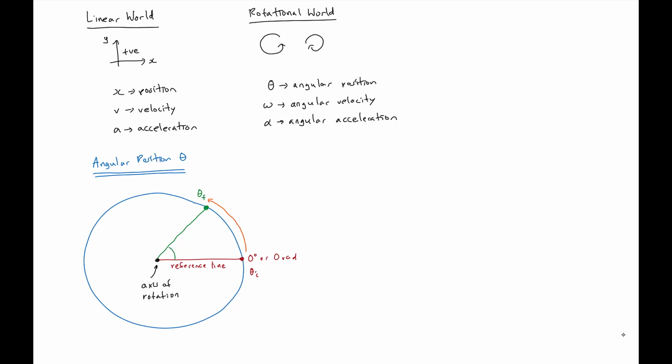We then have a certain angle that is traveled, and this is going to be equal to the angular displacement, so it's theta f minus theta i. Pretty much just like our x values in the linear world, where x f minus x i is equal to delta x, we now have angular displacement being delta theta, equal to theta f minus theta i.